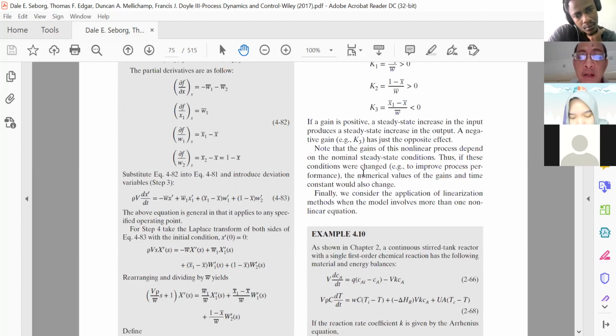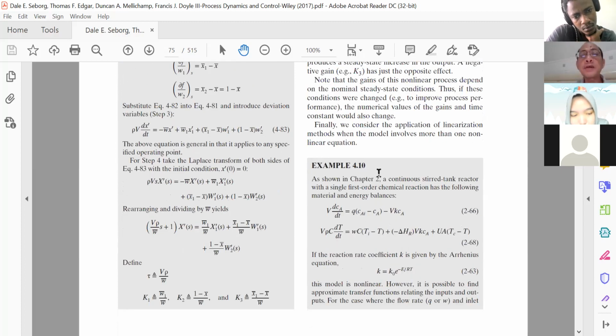Now a little bit more complicated, where we have a CSTR, continuous stirred tank reactor. We assume a single first order chemical reaction.